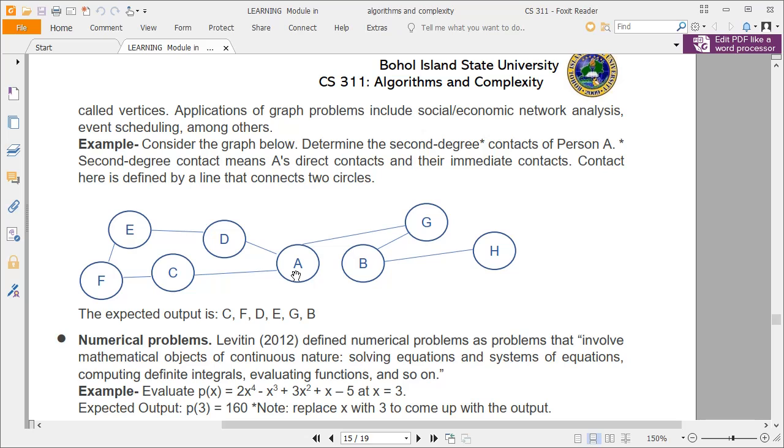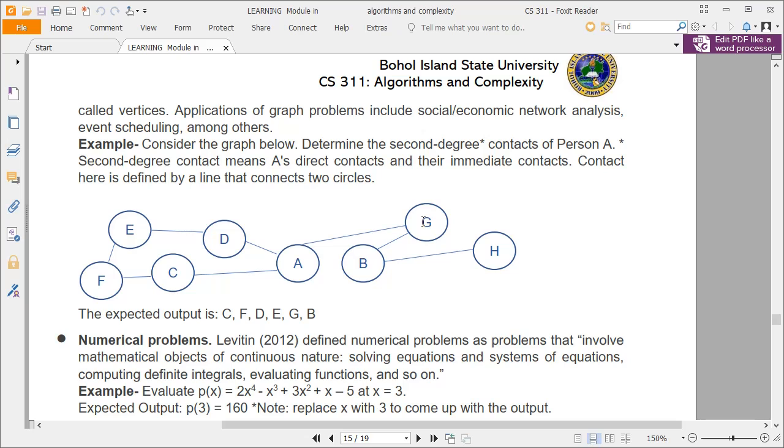Now the second degree contacts are for letter D. Since it is the direct contact of A, its direct contact is the second degree contact of A. So, E is part of the second degree contacts of A. Also, since C is the direct contact of A, then its direct contact F is part of the second degree contacts of A. Another is this.